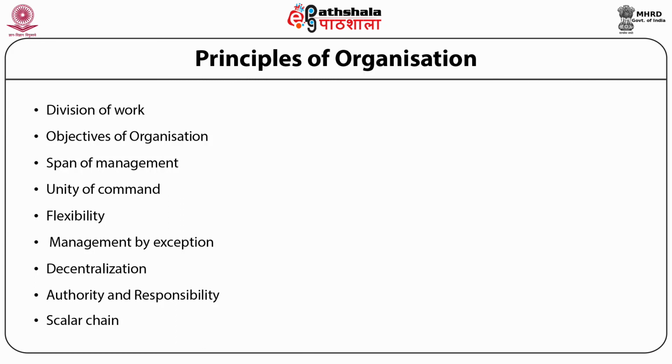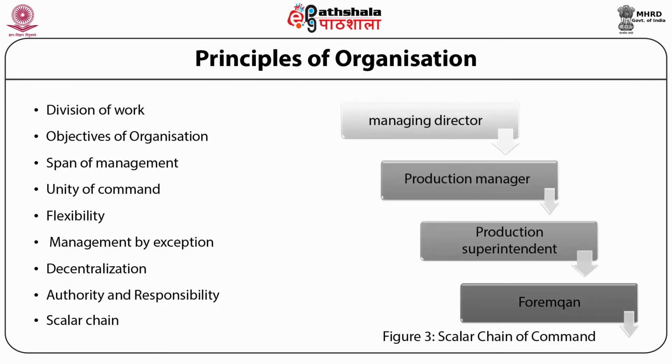Scalar chain. Scalar chain means a stepwise chain of superior-subordinate relationships which starts from top management and ends at supervisory level. A scalar chain has been shown in figure below. It links all managerial positions from top to bottom.